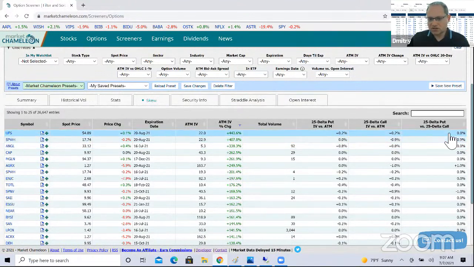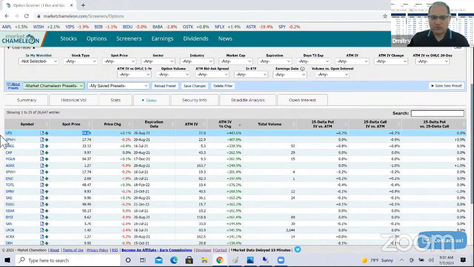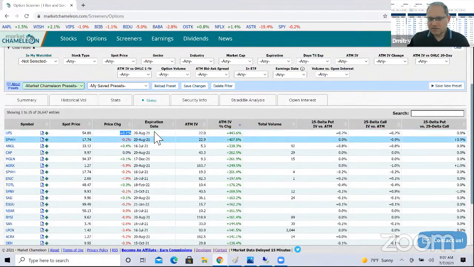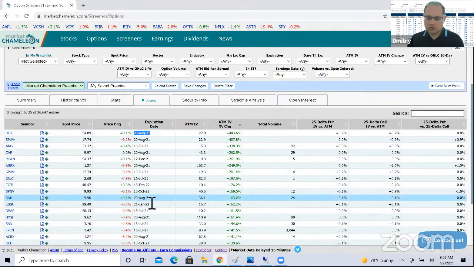Let's go over some of these data elements. So here, we got the symbol, the stock price for this symbol, what the price has changed on the day. This is the expiration. So this scan is based on the stock and a particular expiration. So this is looking at the August 20th, 2021 expiration.